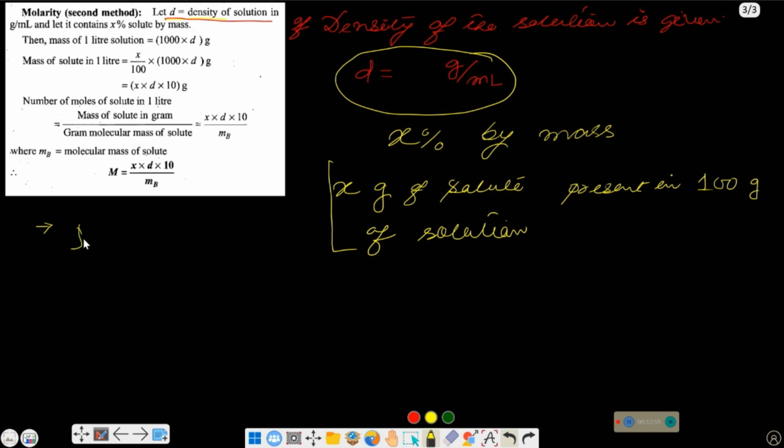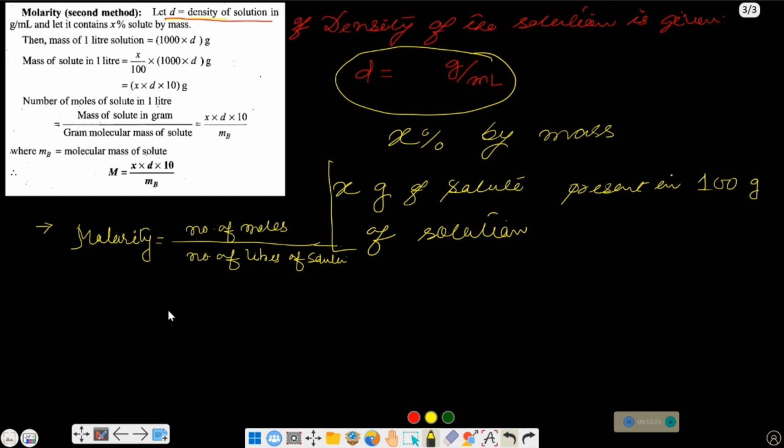For molarity we need two things. One is the number of moles, and the other is the number of liters of solution. It means that in a unit liter of solution, how many moles are there.